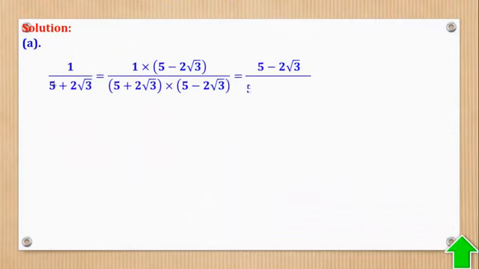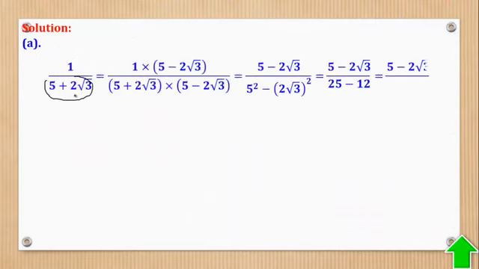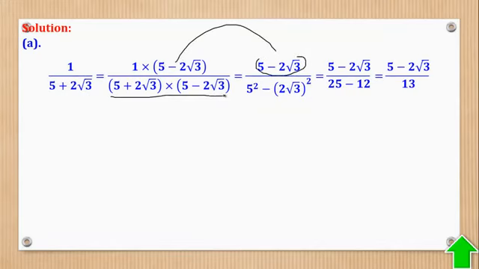So first of all, this one, we are going to first multiply up and down by the conjugate, which is 5 minus root 2, up and down. Okay. Then from here, 1 times this remains the same. Then here realize that it is the difference of two squares, which becomes 5 squared minus 2 root 3 squared. Okay.